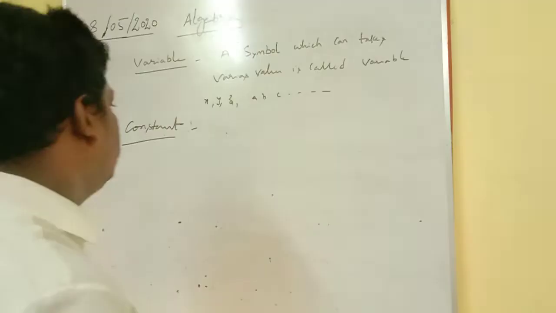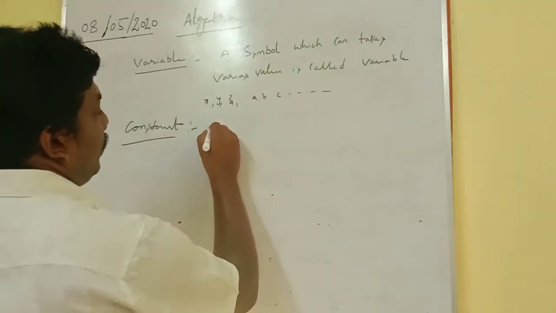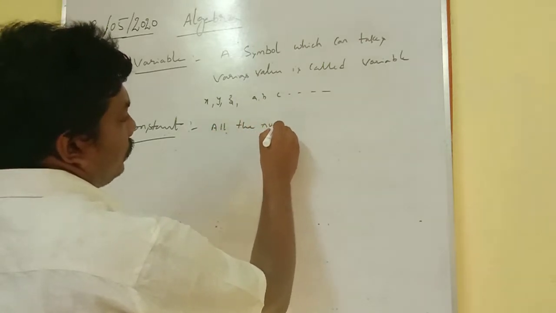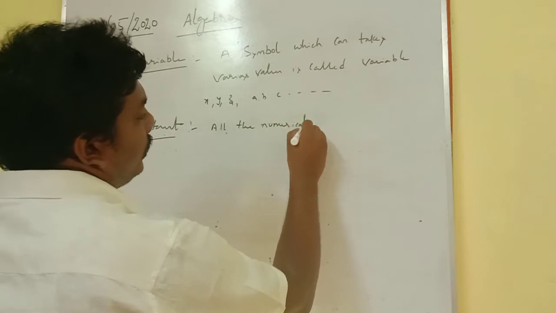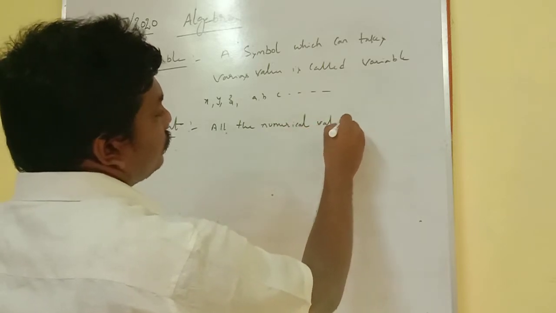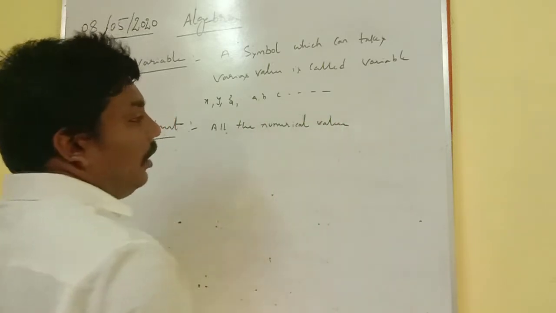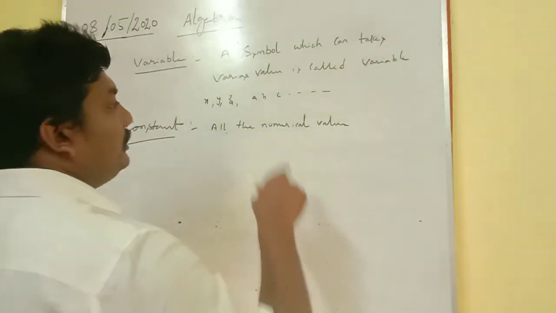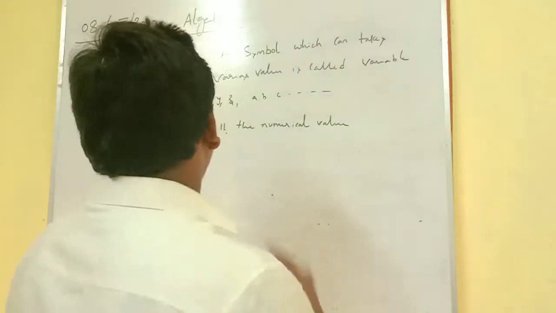All the numerical values are fixed values which do not vary. That means a symbol which does not vary is called a constant.